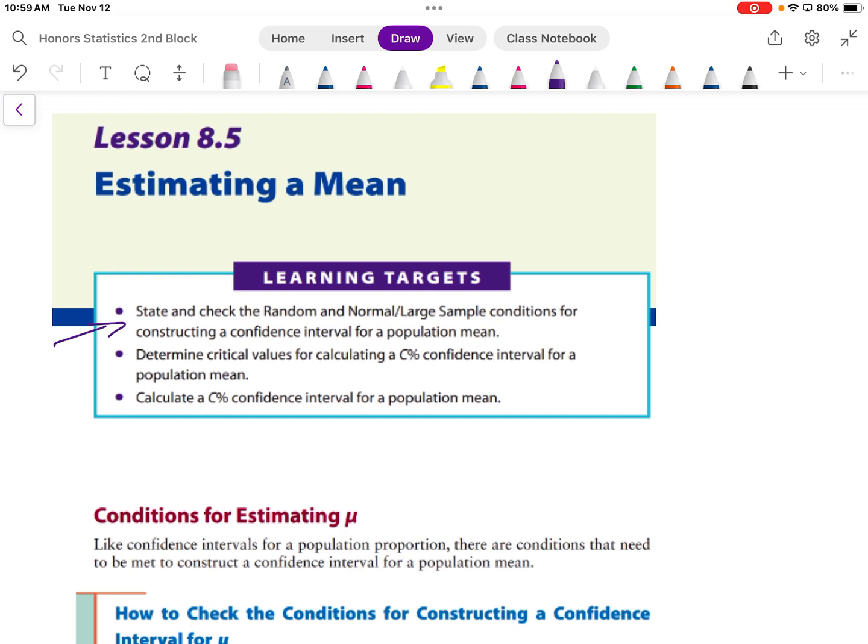We're going to determine the critical values. Since we're dealing with means, our critical value is what's known as a t-star, whereas with proportions we're doing a z. And then we're going to calculate a confidence interval for the population mean.